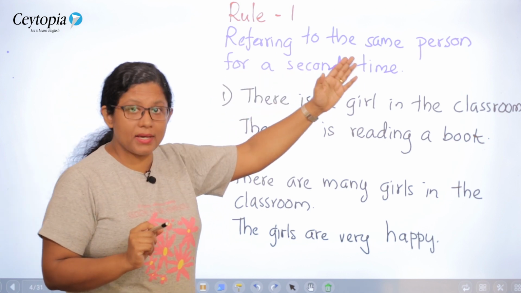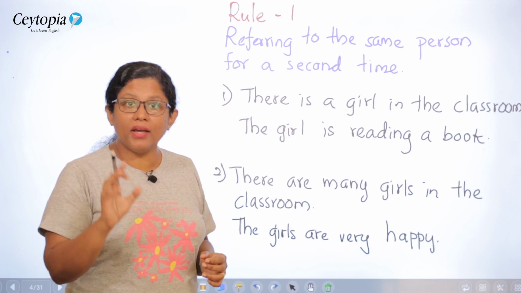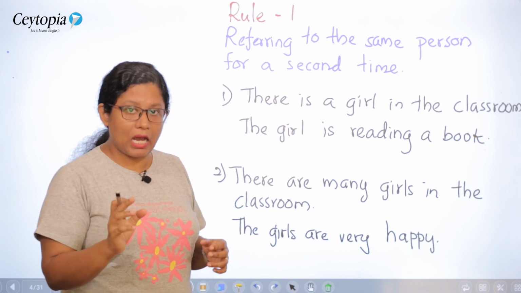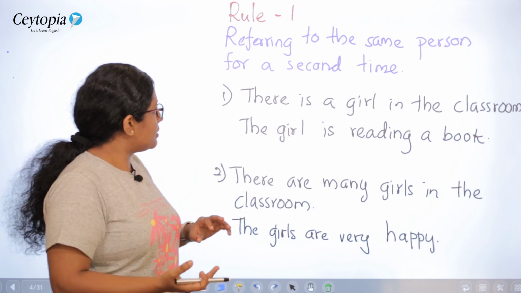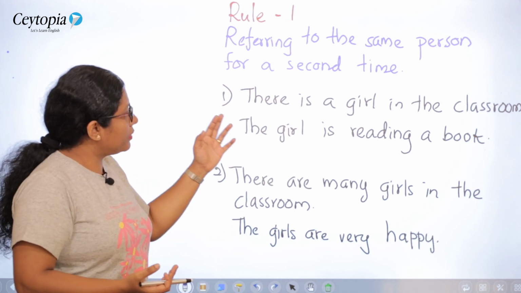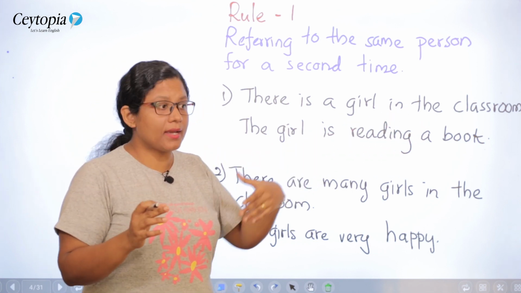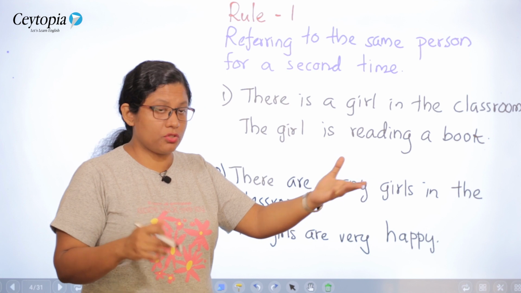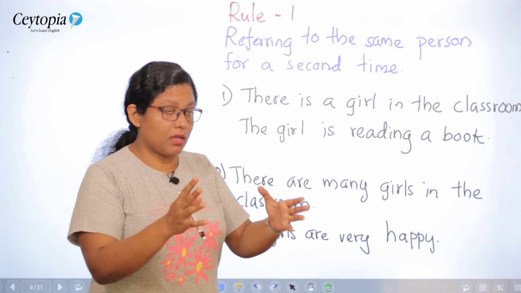Referring to the same person for a second time. We use the before a noun when we are referring to it for the second time. Let's take a look at the example. There is a girl in the classroom. You can see that there is a girl. You are referring to any girl in the classroom. You are not specifying.